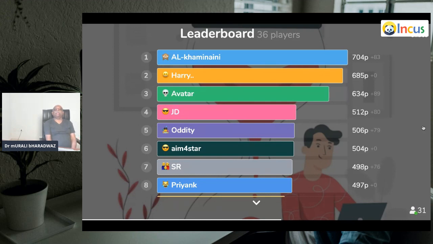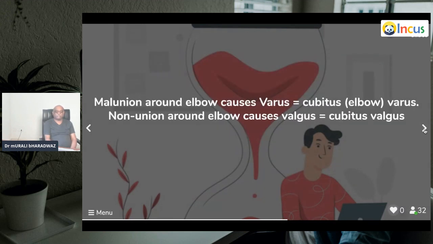Wow, Kamineni is on the top. Excellent. So malunion around the elbow causes cubitus varus. Non-union around the elbow causes cubitus valgus. Please don't forget this basic clinical aphorism in orthopedics.